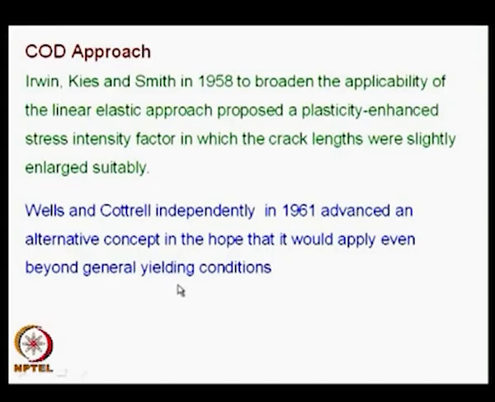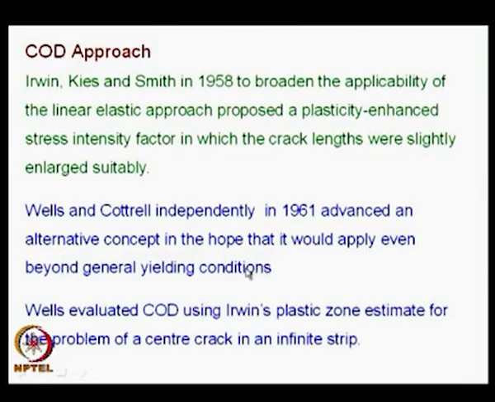So, that was the focus, and historically the concepts related to COD or CTOD was before the development of J. And when Wells proposed, he had the expressions of Irwin's plastic zone. So, he evaluated COD using that, and that was for a problem of a center crack in infinite strip.